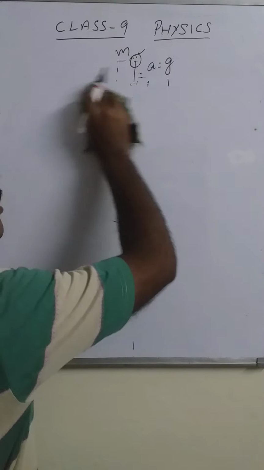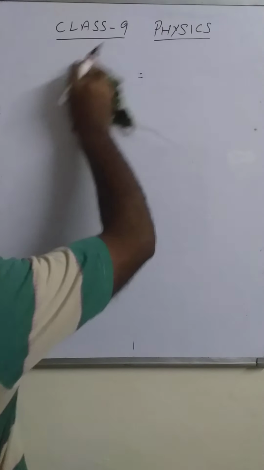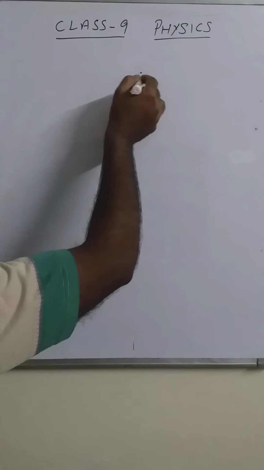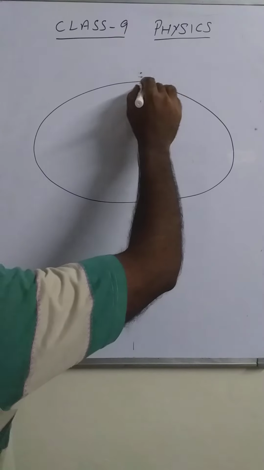That means along the poles and along the equator, the radius of earth is not the same. That's why we say the shape of earth is a geoid. This is the shape of earth, like this. It is not exactly spherical.